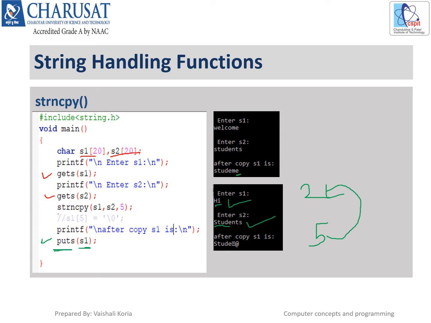So when you print s1 using this puts function, it will print the first five characters correctly, "stude", but in the remaining positions you may have garbage values. This is because of the problem of the null character which is not in s1 for this kind of input.